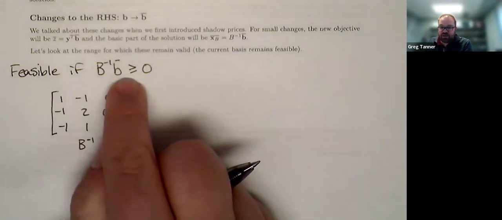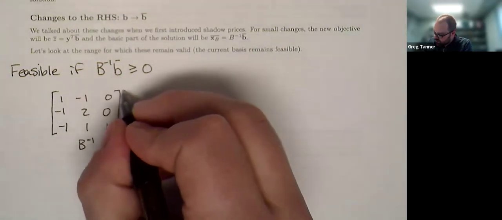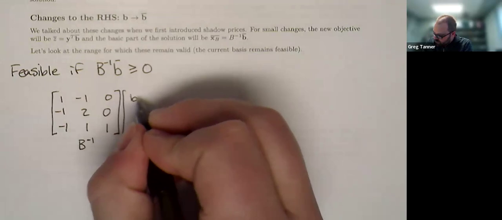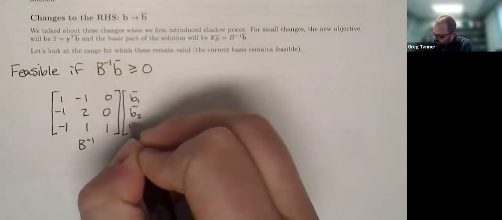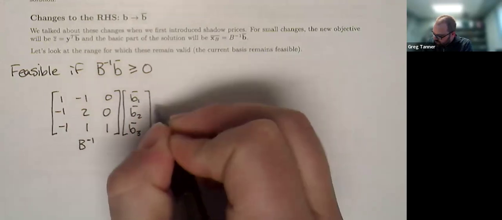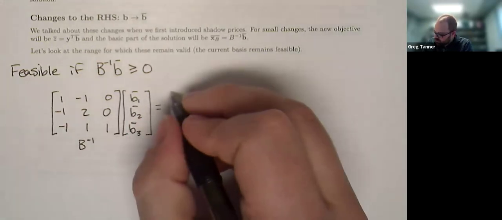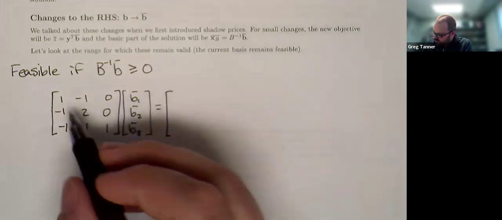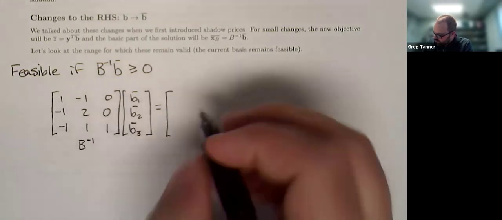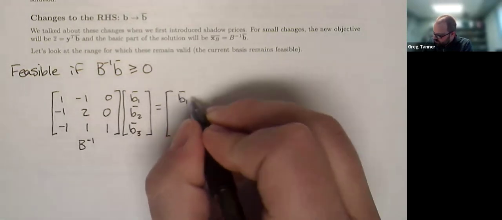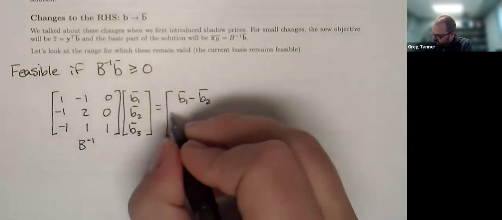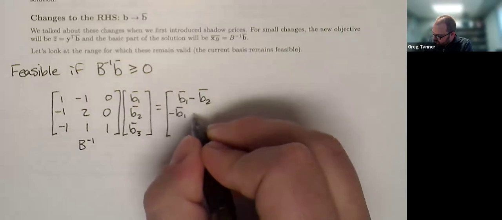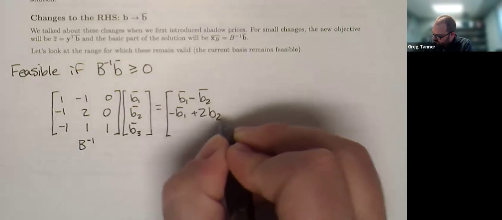And then we're going to make changes to B. So we'll call this B1 bar, B2 bar, and B3 bar. Let's do that multiplication. Multiplying this down, we'll get B1 minus B2. This one will get negative B1 plus 2B2.